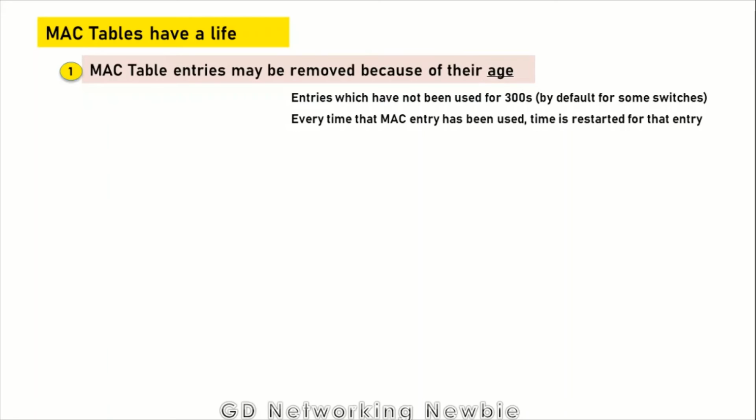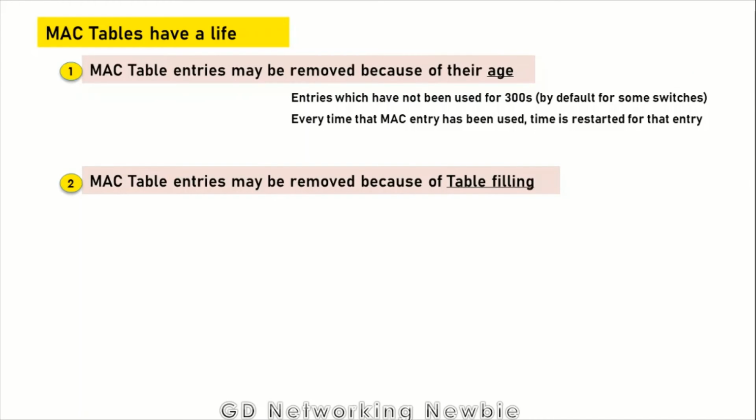Its lifetime counts from 1, 2, 3 up to 300 seconds, and it will be removed after 300 seconds. But if in the meantime that MAC entry is being used again, then its lifetime will start again from 0, 1, 2, like this.